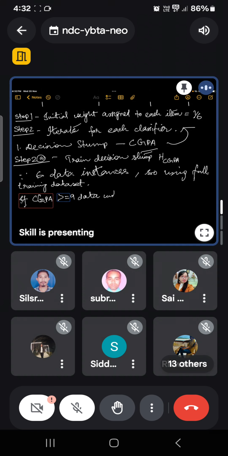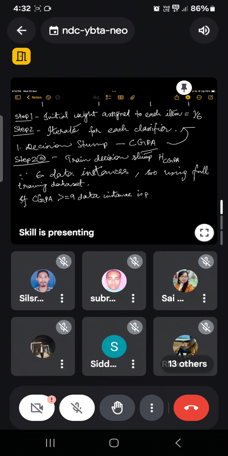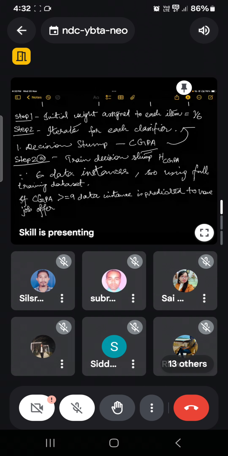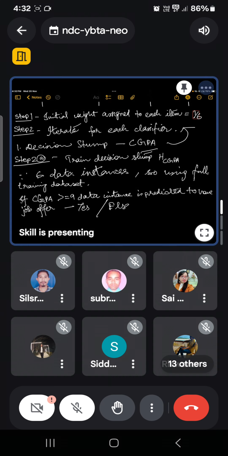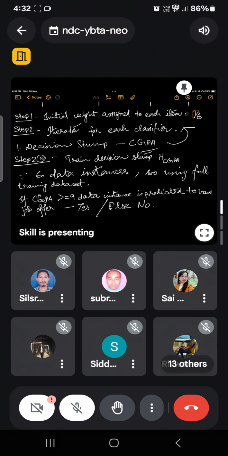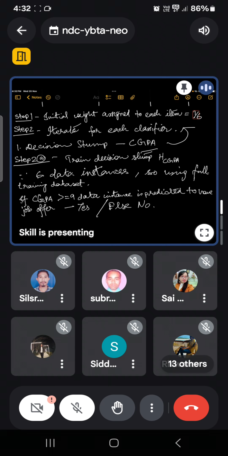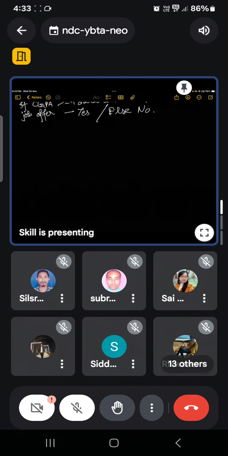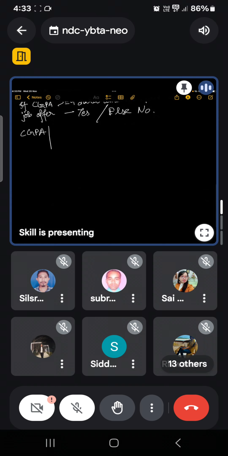The data instance will be else no. We will prepare another column as predicted job offer here with the previous table, as we are taking CGPA as the first decision stump.